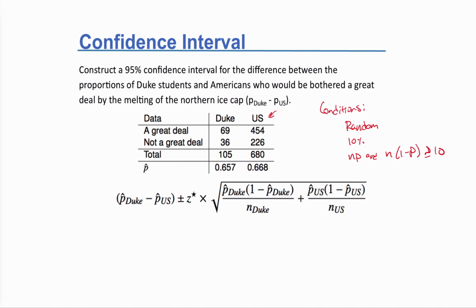Check those. So now this is our point estimate plus or minus our Z-score times our standard error.